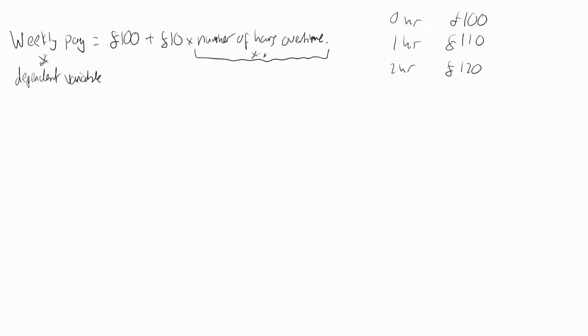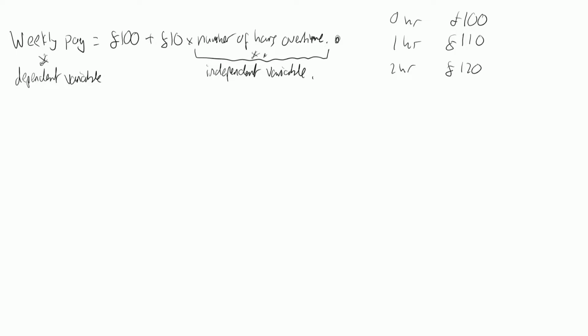And we call the number of hours overtime the independent variable because it's the one that we change, right? So 1 week we might work extra hours of overtime, which will change our weekly pay automatically. But what we actually have direct control over is the number of hours overtime that we work.